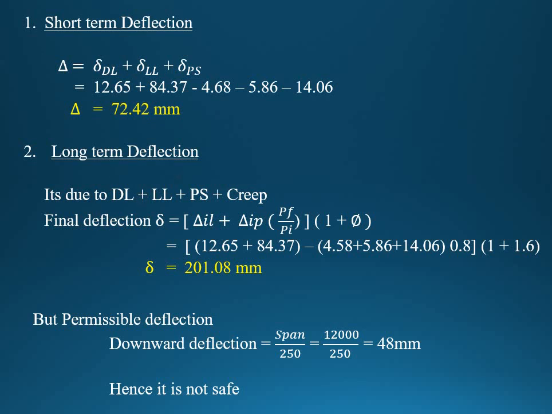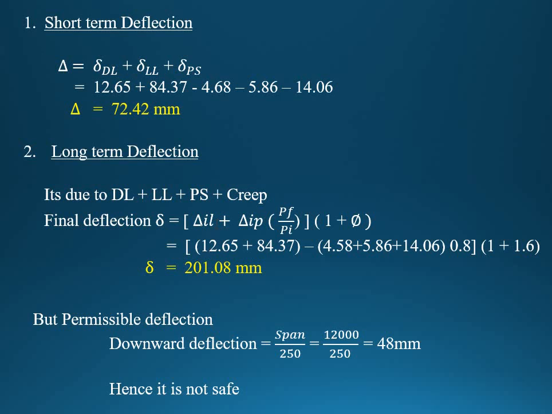Next is the long-term deflection. It occurs due to dead load, live load, pre-stress and creep. For a long-term deflection, I have written a formula: delta equal to delta IL plus delta IP into PF by PI into 1 plus phi. This equation is available in the code book. Don't forget to check.